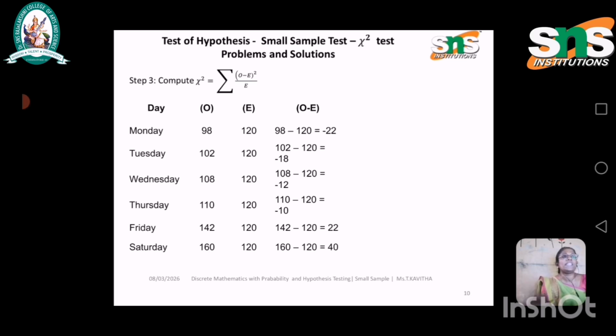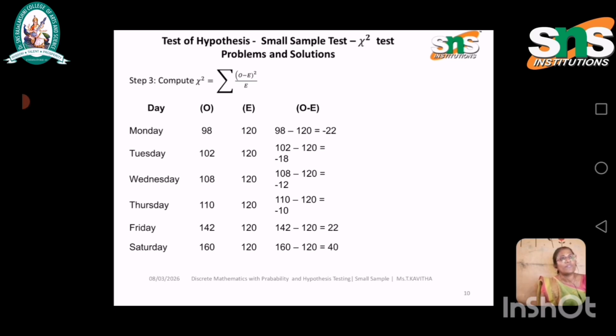Now we square these values. Minus 22 squared is 484, minus 18 squared is 324, minus 12 squared is 144, minus 10 squared is 100, 22 squared is 484 and 40 squared is 1600.